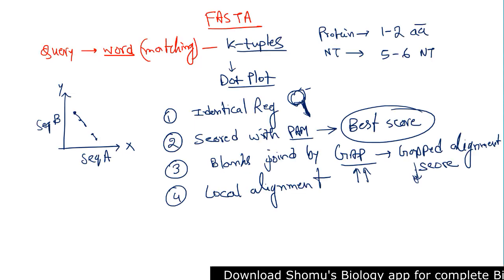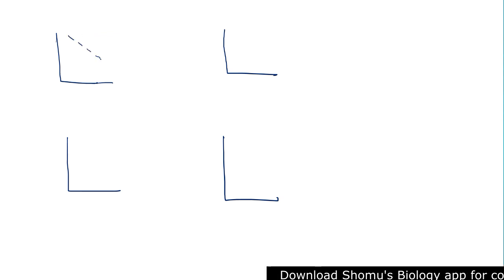And remember the FASTA algorithm, how it worked. It worked in a simple manner. I will draw 4 images for you to understand this process. At the very beginning, in step 1, similar words are identified. Then we do the rescoring of the words using a PAM matrix.